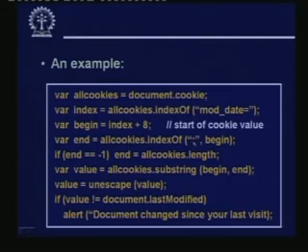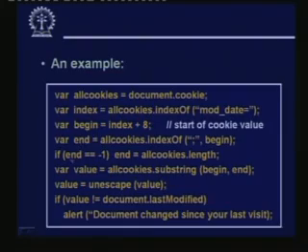However, if the cookie is the last cookie in the list, the semicolon will not be there. So, the second indexOf function would be returning a value of -1. If the value of end returned is -1, it means that this particular cookie is the last cookie.